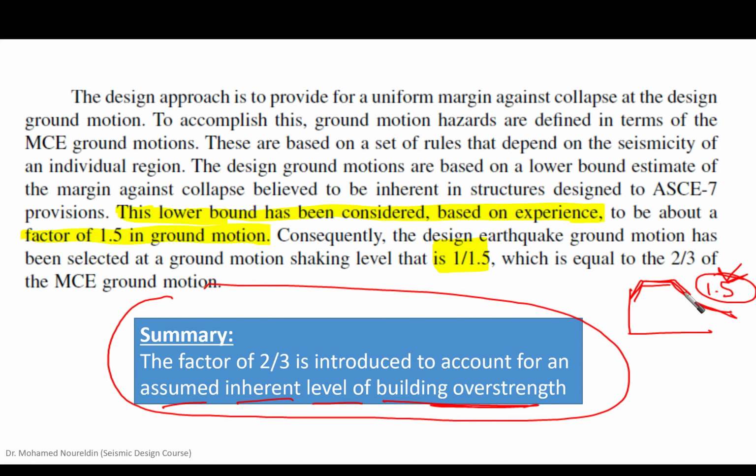So this means that we are going to reduce the spectral acceleration to be 2/3 only.